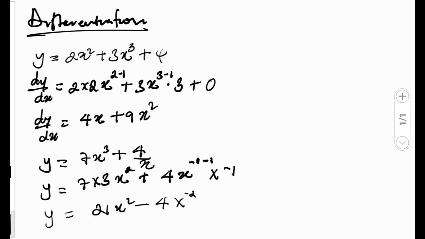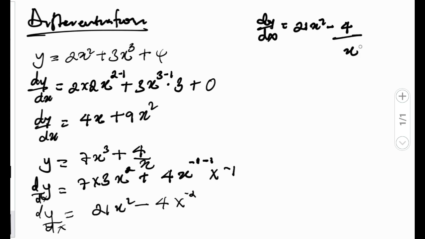And then if I turn it into the initial form, dy dx would be equal to 21x squared minus 4, and then take this to the denominator to become x squared. So this is how you do differentiation.